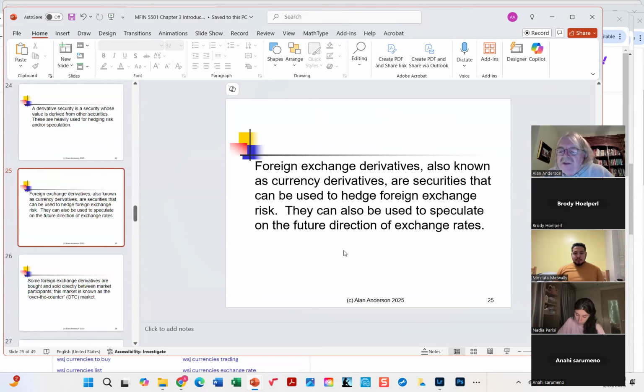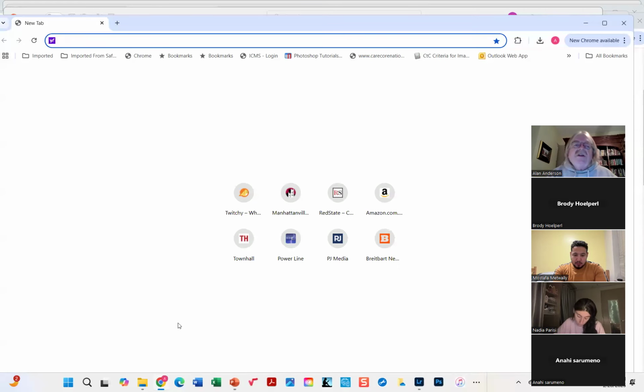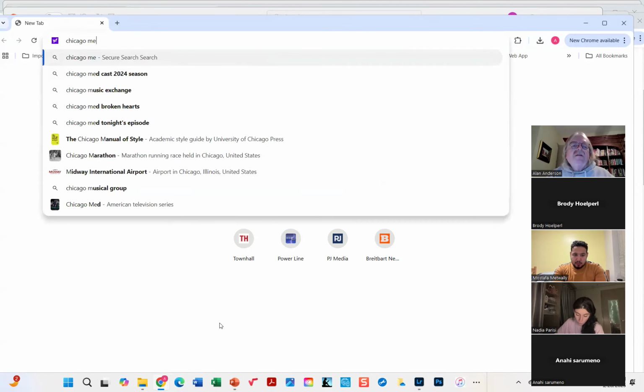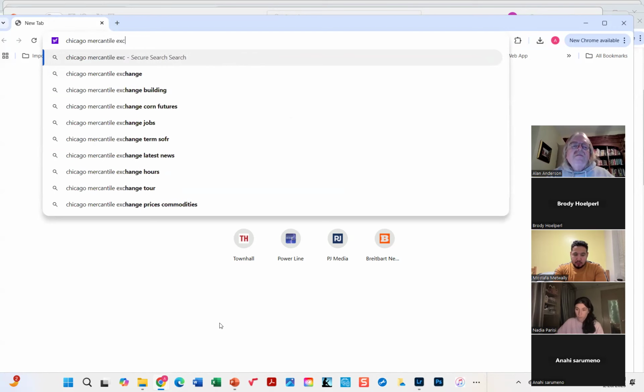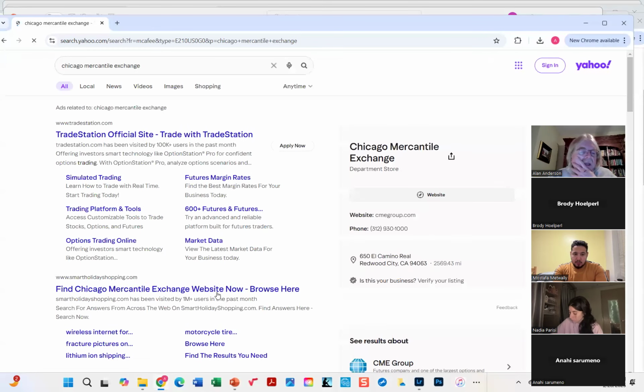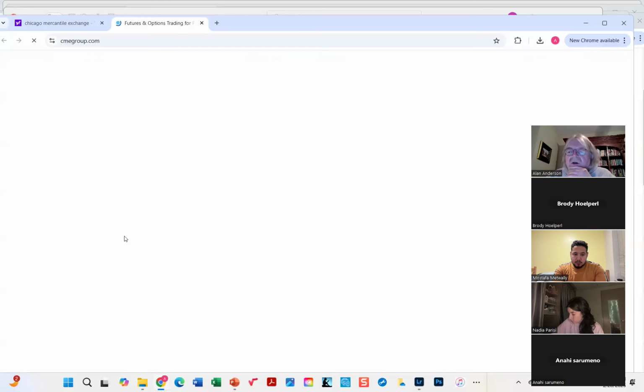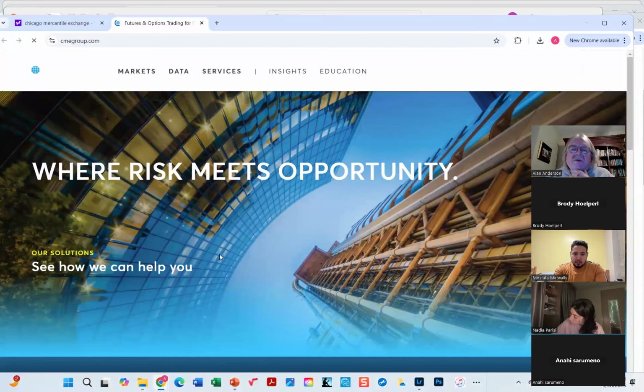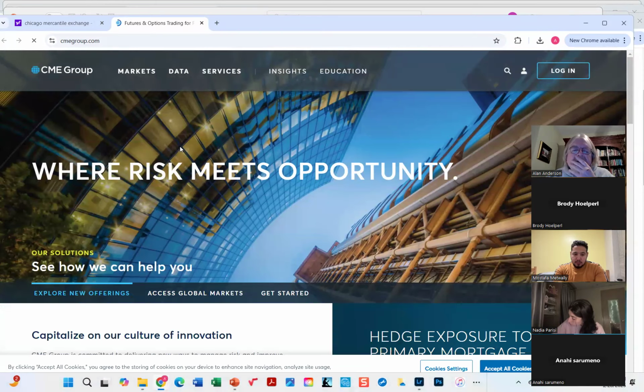Some of these do trade over exchanges, some trade directly between dealers. So let me just quickly show you an exchange where you could buy these derivative securities. It's called the Chicago Mercantile Exchange. When you get there, you'll see that they have all kinds of derivatives available for investors.